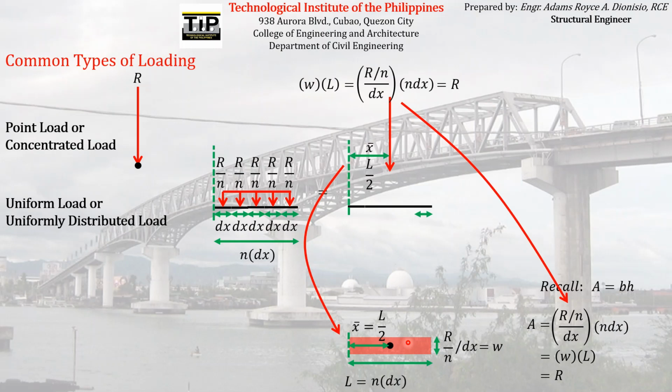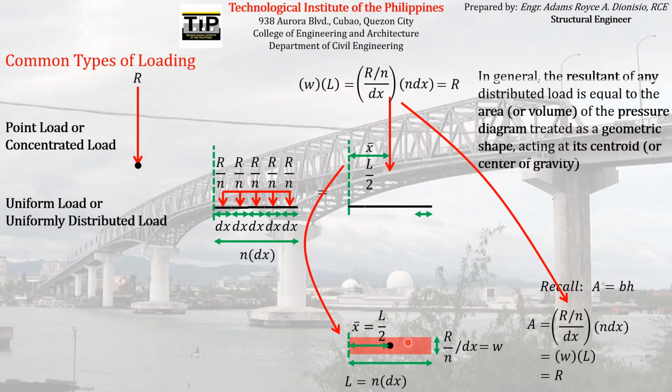So, in conclusion natin, base sa observation natin, in general pala, the resultant of any distributed load is equal to the area of the pressure diagram treated as a geometric shape acting at its centroid. So, anong ibig sabihin nun?